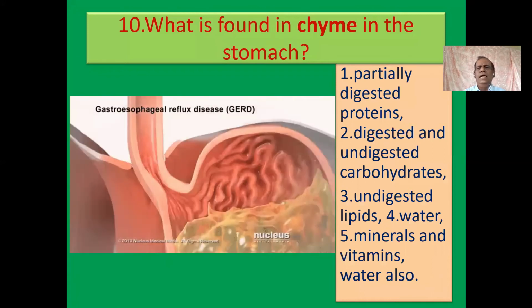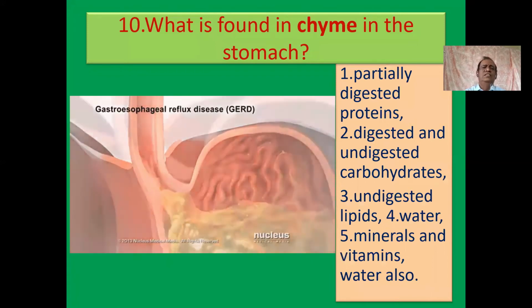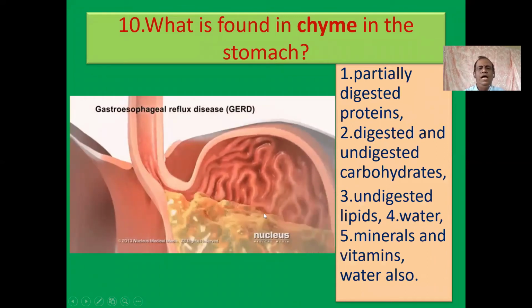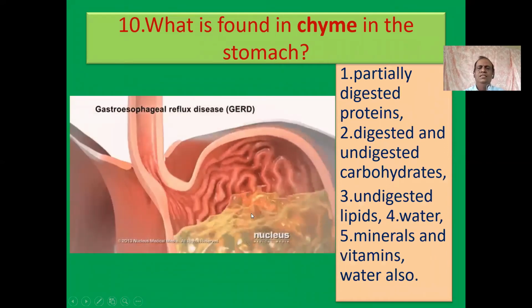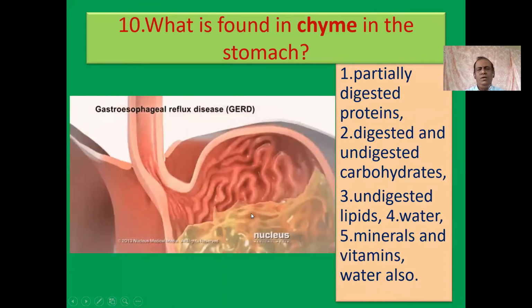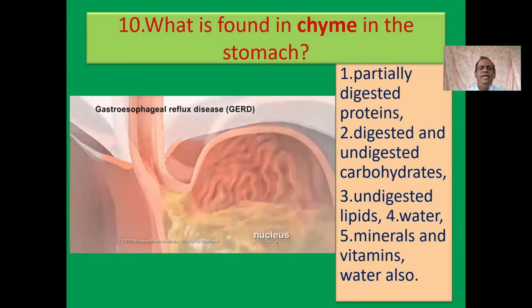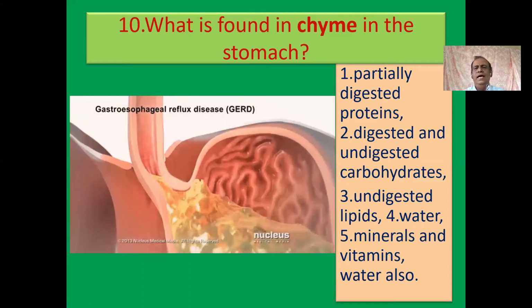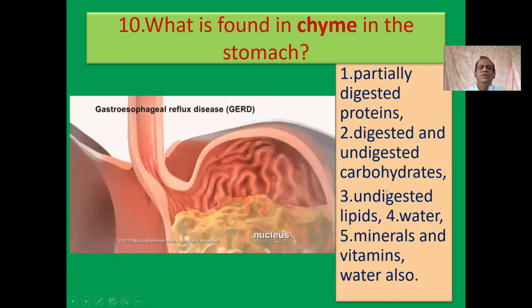So here the chyme. What are the components? What is found in the chyme? Be very careful when you write the answer here. Some are digested matter, some are not digested, some are partially digested. So be very careful about this question. First, the partially digested proteins are here because of the pepsin enzyme.